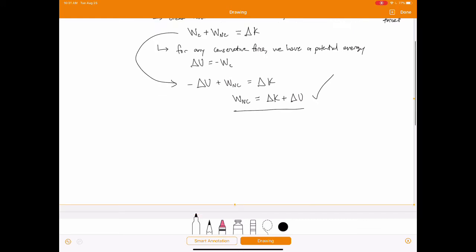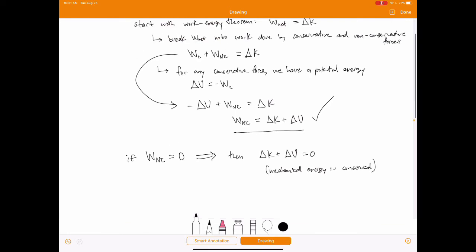But notice what happens if W_NC is equal to 0. So if we're dealing with a situation where there are no non-conservative forces doing work, then what we have is delta K plus delta U is equal to 0, which is just a statement that mechanical energy is conserved in that case.